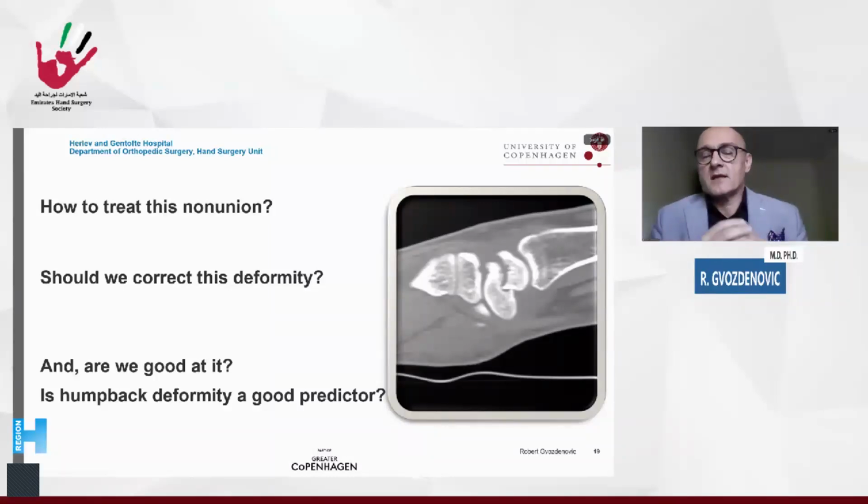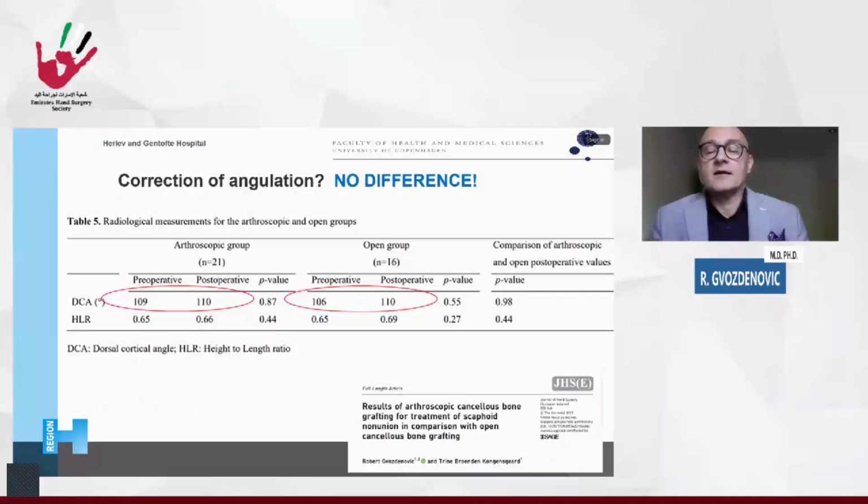And another question is whether the Hampeck deformity is really a good predictor of union after surgery for this condition. We look at the data retrospectively, and we can see that no matter which method we use to treat the patient, and no matter which method we use to measure the angulations, there were no significant differences between techniques.